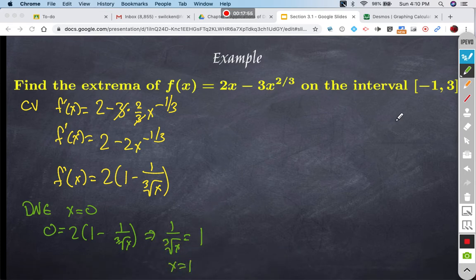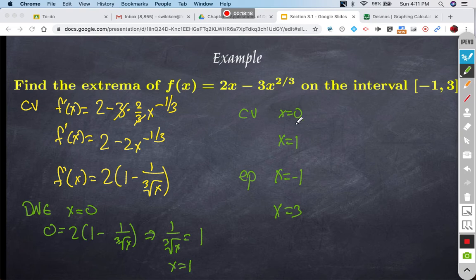And again, I also have to look, are these actually on my interval? They're both within my interval, so that's good. So I'm going to check my critical values here are x equals 0 and x equals 1. And then I have my endpoints of x equals negative 1 and x equals 3.